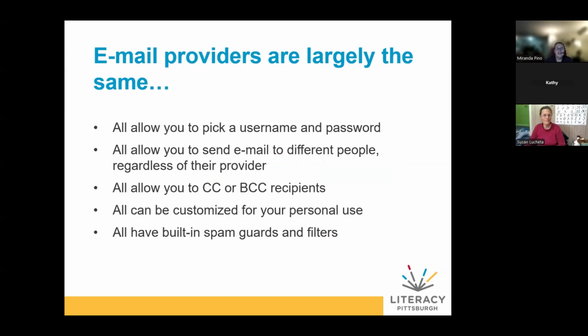All allow you to send an email to different people, regardless of the provider, and they allow you to CC or BCC recipients, which we'll talk about what that means. And it can be customized for your personal use, including built-in spam guards and filters to filter out all the unwanted emails.